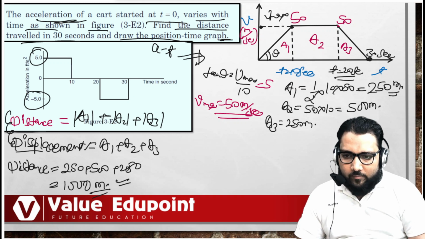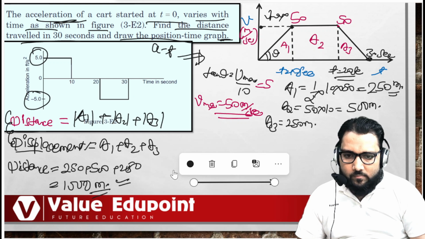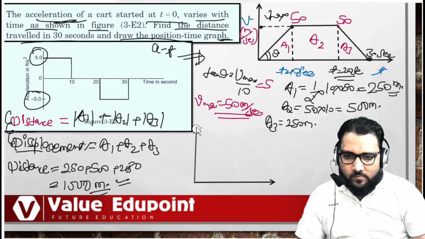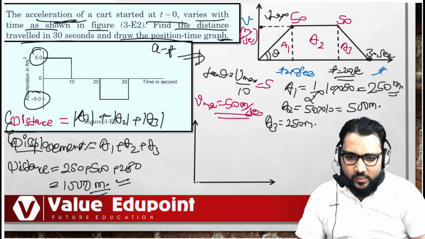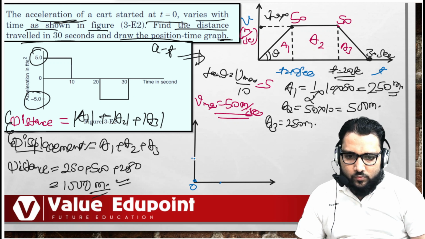Now for the position time graph. Look at this, guys. This is the point 0. At 10 seconds the distance covered is 250, so 250 comes here.